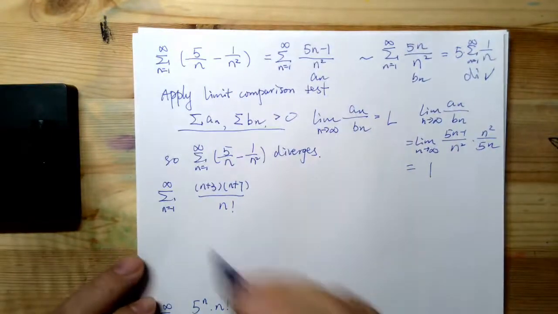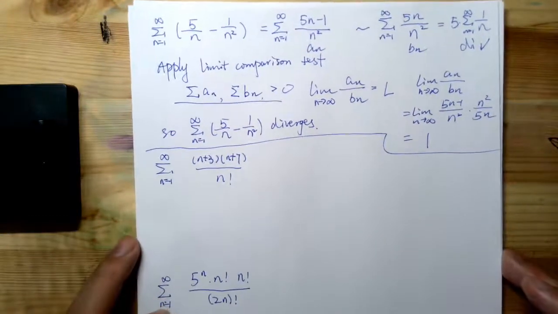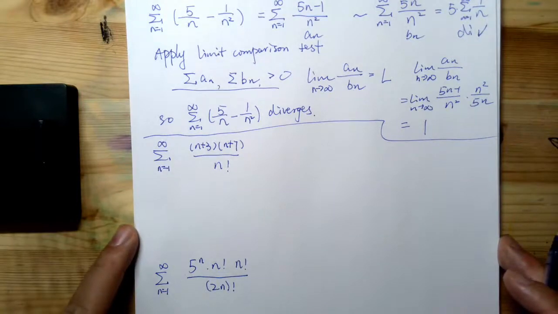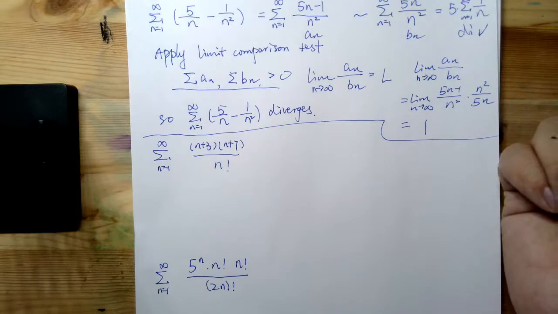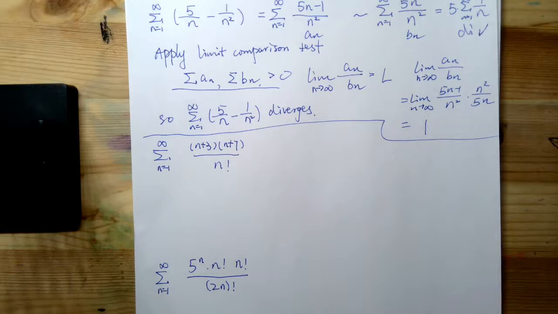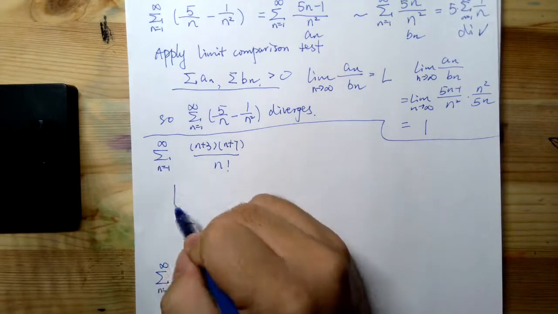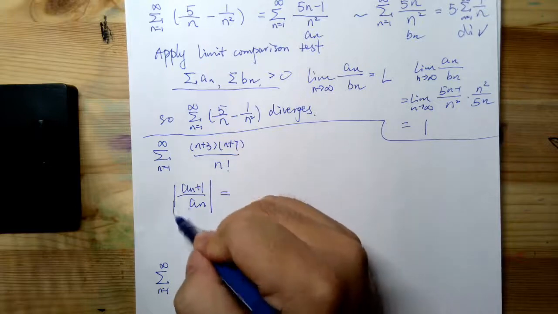Now look at the other example here. We have (n plus 3)(n plus 7) over n factorial. If a series involves a factorial, I highly suggest using the ratio test, because you can do a lot of cancellation with factorials. So let's do that: a_(n+1) over a_n, absolute value.